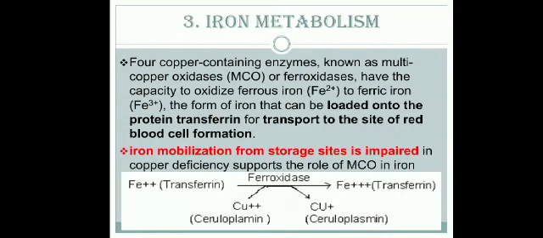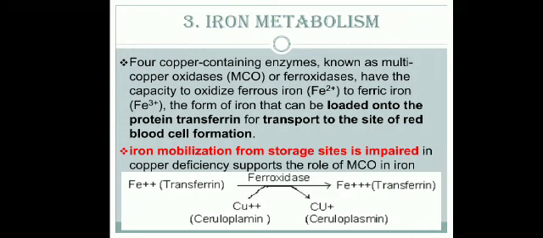Now its third role is in iron metabolism. There are four copper-containing enzymes known as multi-copper oxidases or peroxidases. These enzymes have the capacity to oxidize the ferrous ion into the ferric ion. This form of iron is then loaded onto the protein transferrin for transport to the site of red blood cell formation, that is, to the bone marrow.